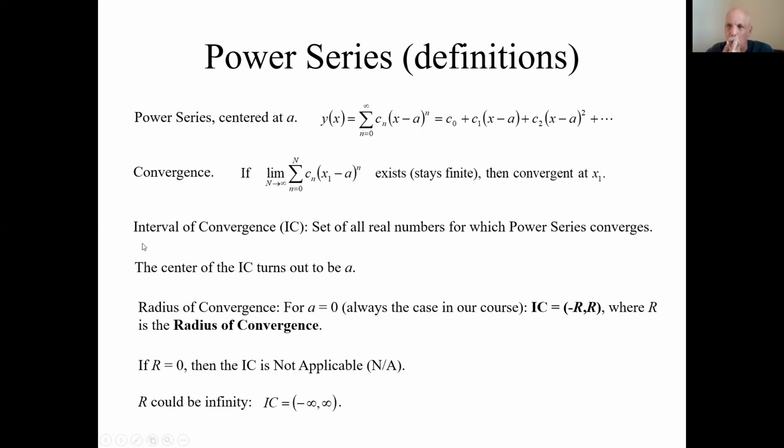Hopefully it will converge at more than just a. The interval of convergence is the set of all real numbers for which the power series converges. And it turns out the center of the interval of convergence is a itself. The radius of convergence.